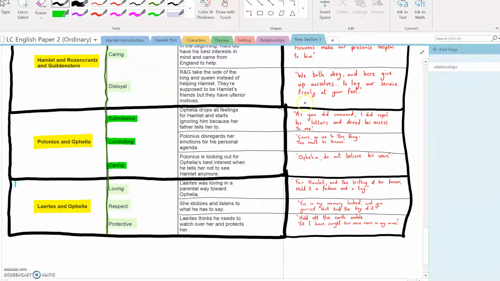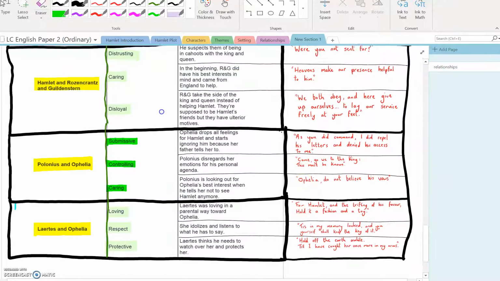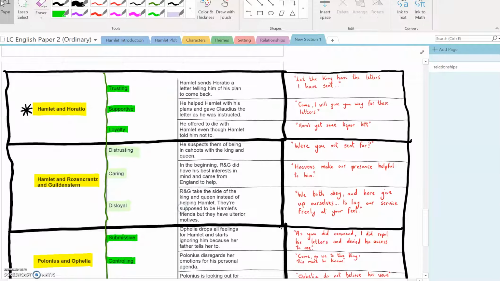Now, I know these quotes can be long, but I put them in there in case you focus in on a few of these relationships. It's no harm to have these quotes, because at the end of the day, you're not really expected to learn a lot of quotes in the comparative section. But in this section, the single text, you are supposed to know your text quite in depth.